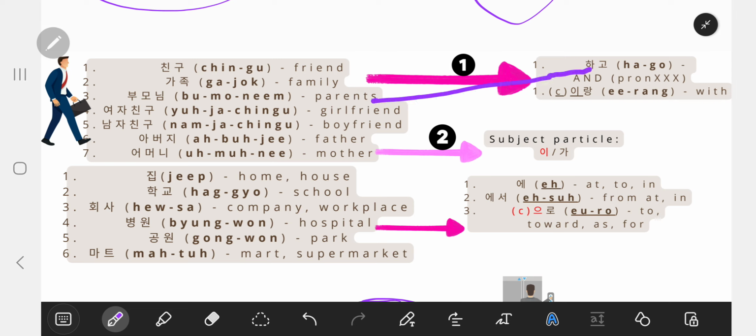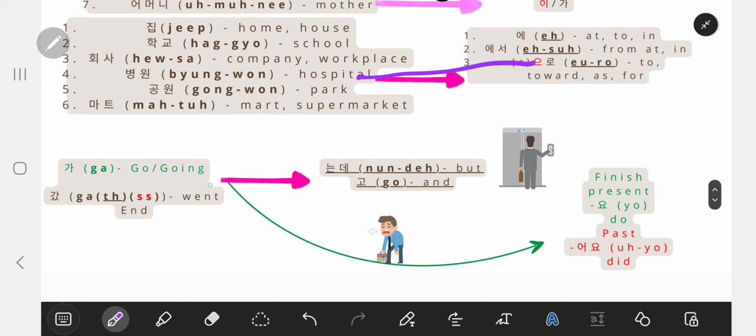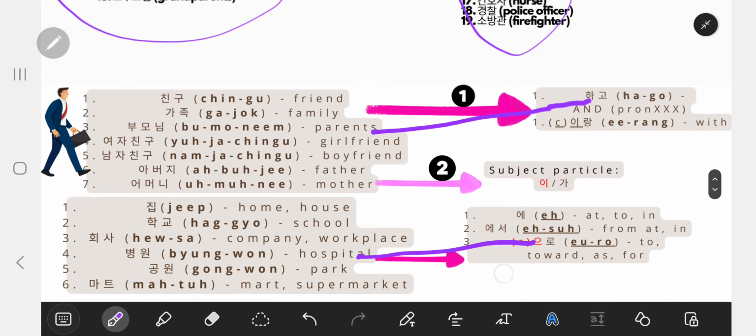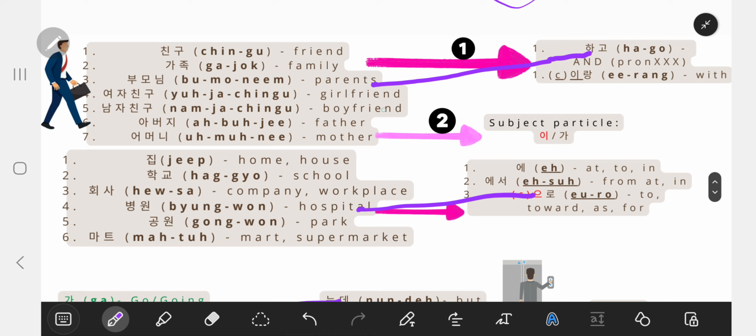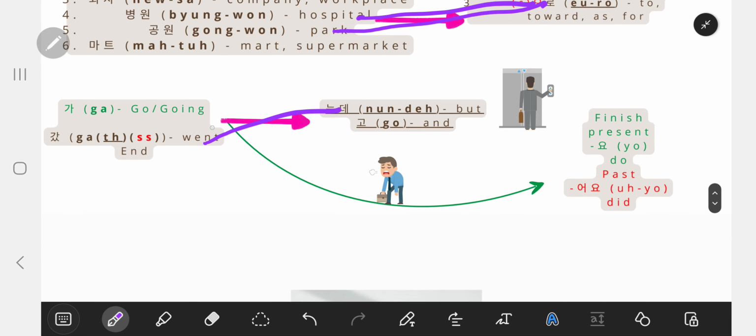Parents하고 or 부모님하고, with my parents and I, 병원으로, and then 갔는데 친구가 공원으로 갔어요. That means my parents and I went to the hospital, but my friend went to the park.